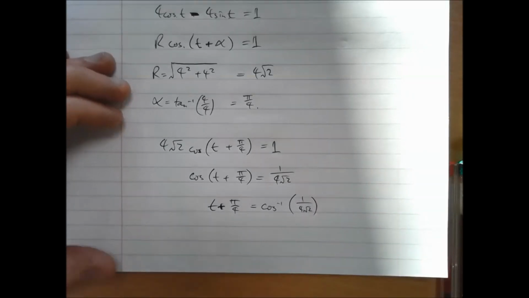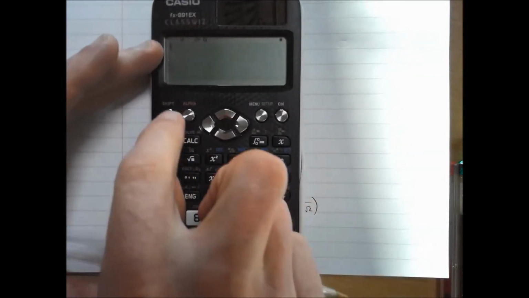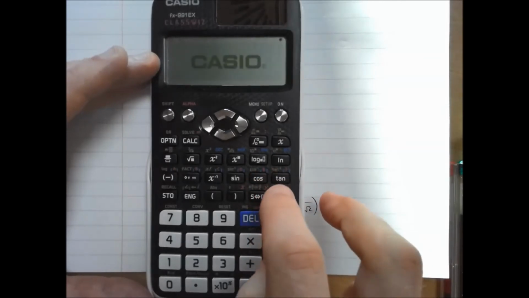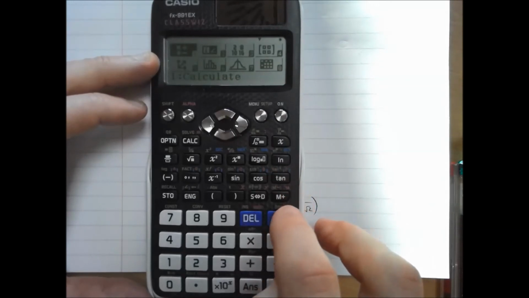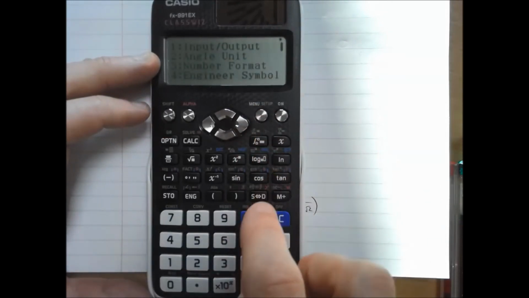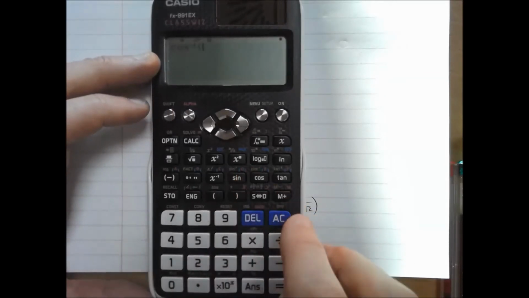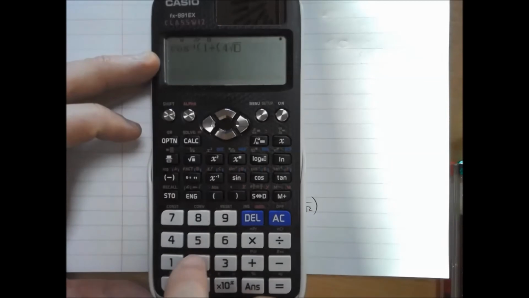And inverse cos then. Radians, so let's just get a calculator in radians. Go, radians, inverse cos. Right, 1 divided by 4 root 2.